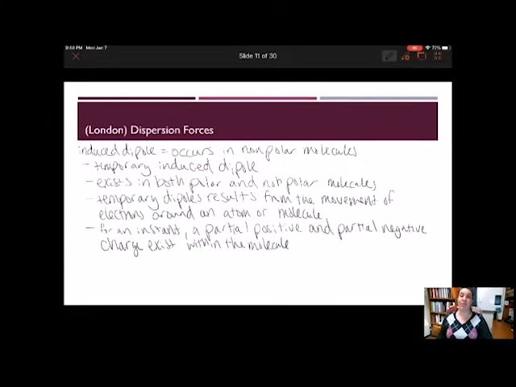Because it is temporary, it's not very strong, right? So it's just a temporary shift in our electron density, allowing for some sort of induced dipole.